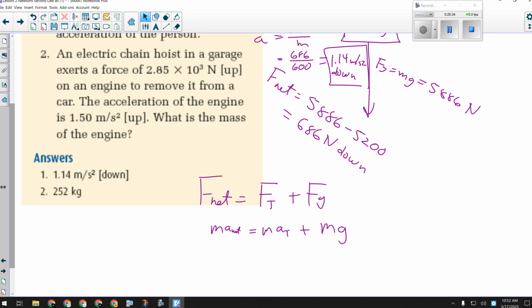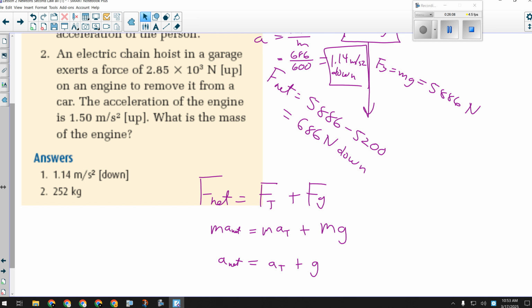What cancels out of that? What's in every term there? Mass. If mass is in every term, can I take it right out? I absolutely could. So what I'm trying to illustrate here, guys, is that net force is the vector sum of all the forces, but this is also true: the net acceleration is the vector sum of all the accelerations.